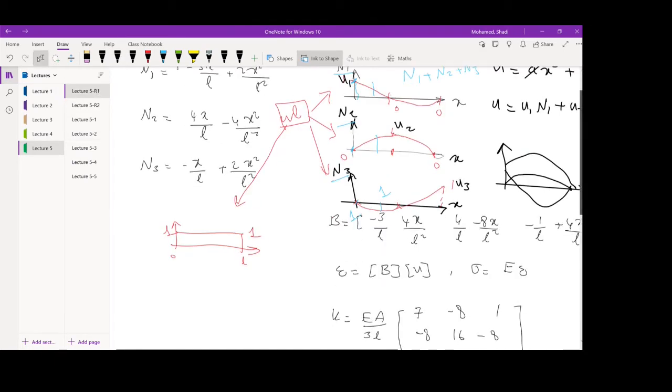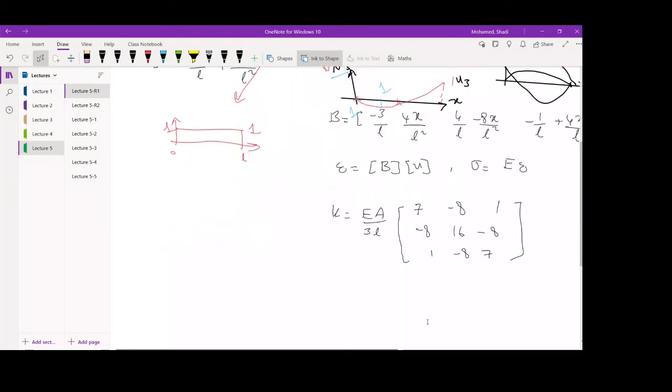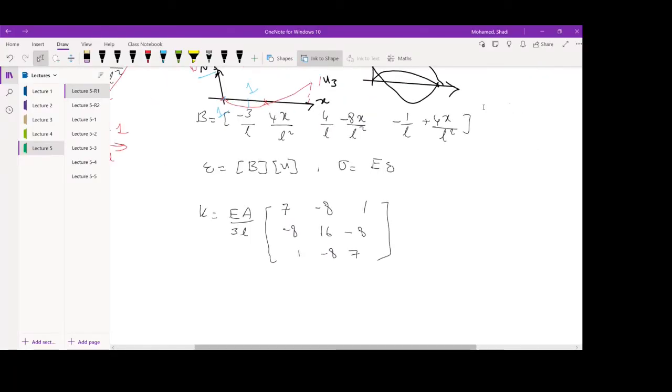Yeah, it's nasty. Okay, so this is the B matrix.